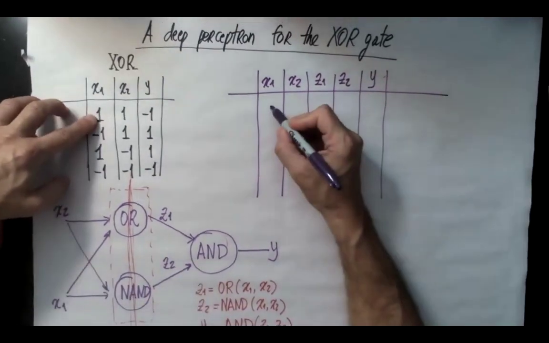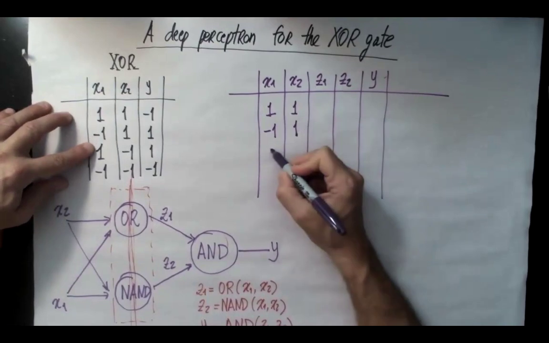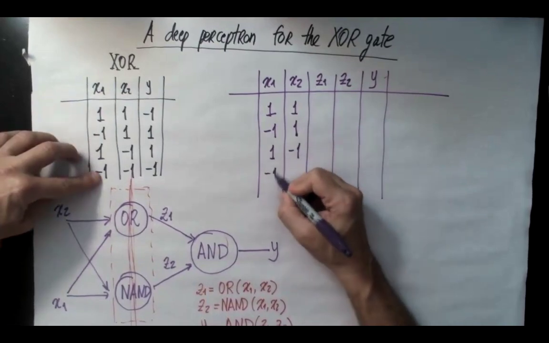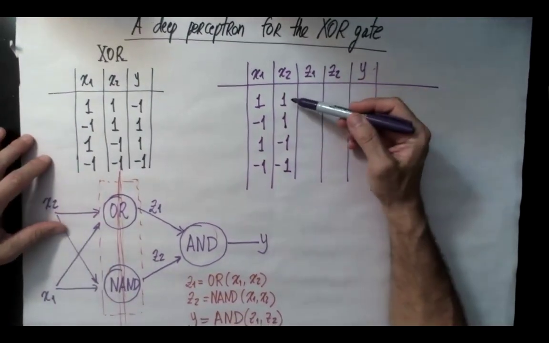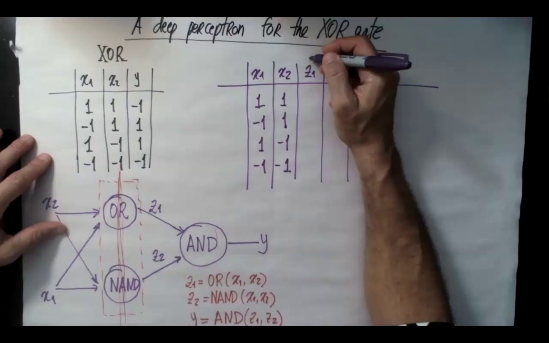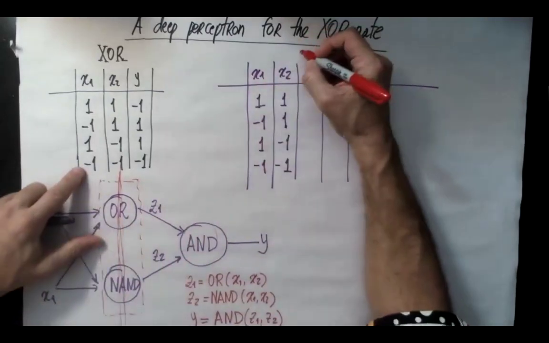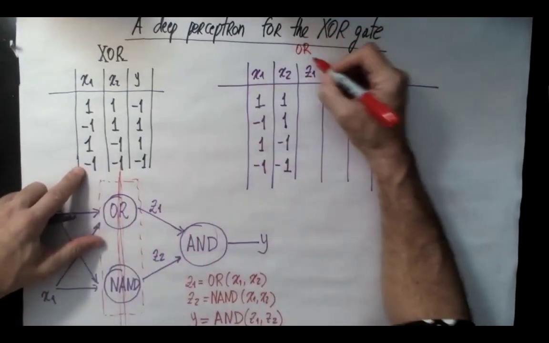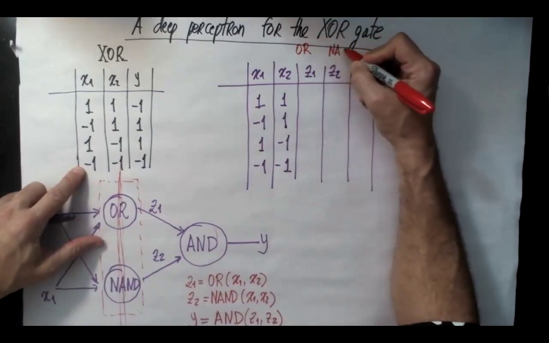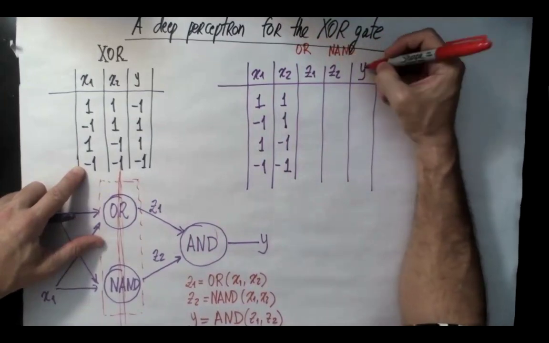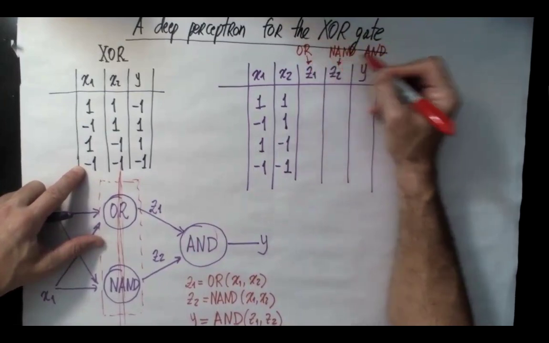We still have 1 and 1, minus 1 and 1, 1 and minus 1, minus 1 and minus 1. Remember that Z1 is the output of an OR gate, Z2 is the output of a not AND gate, and Y is the output of an AND gate.